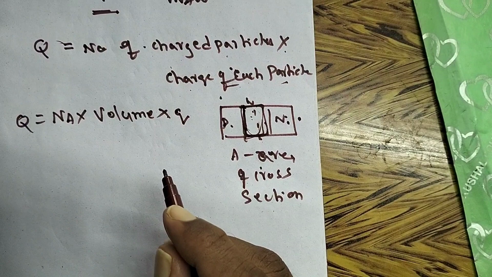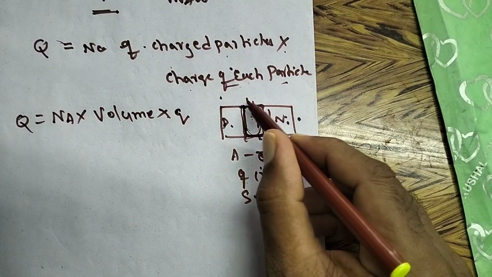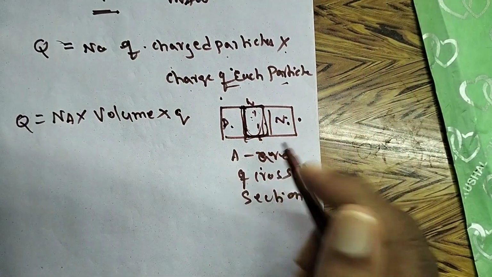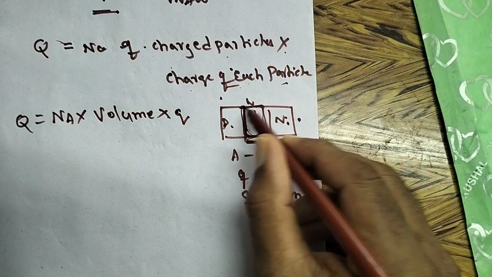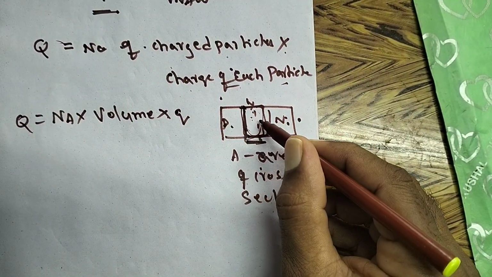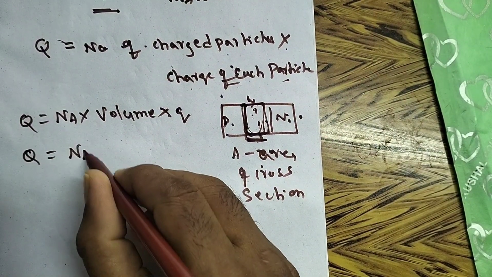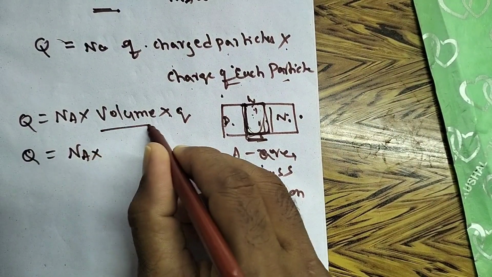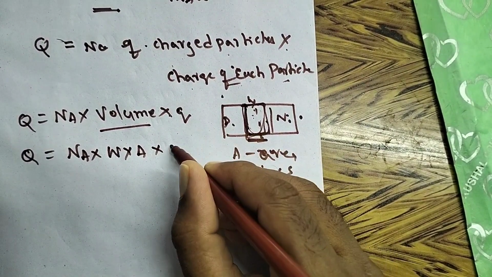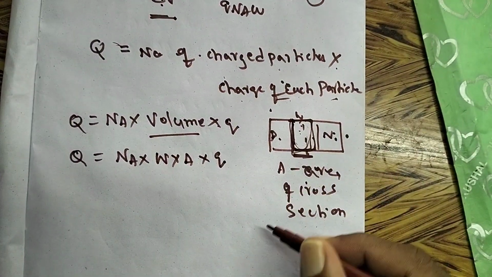So we are talking about transition capacitance. In transition capacitance, across the junction the depletion layer is maximum. If the depletion layer is maximum, that is W is high due to reverse bias condition, so the charge carriers are having Q equal to Na into volume, which can be written as W into A into Q, right? So what is volume here?